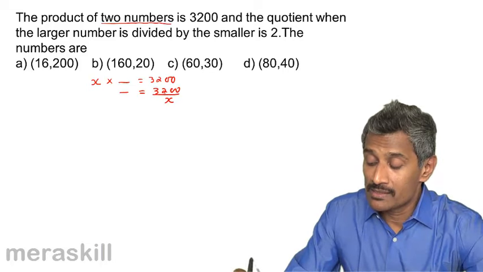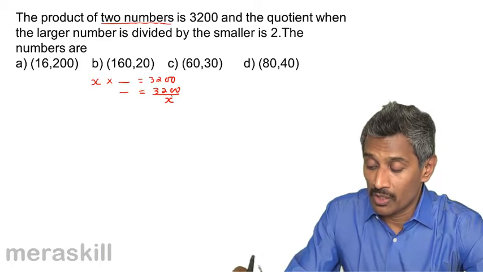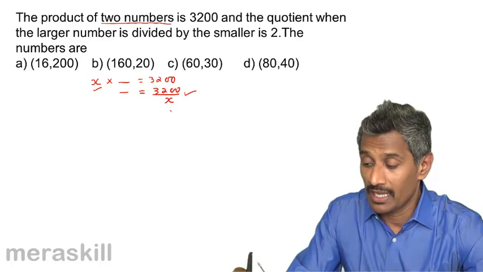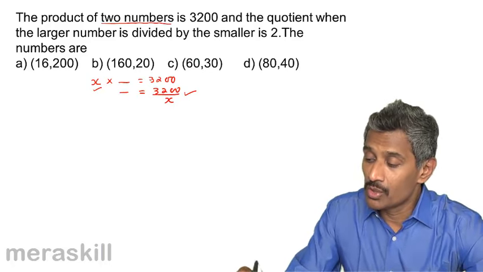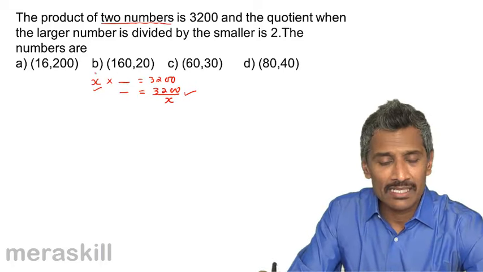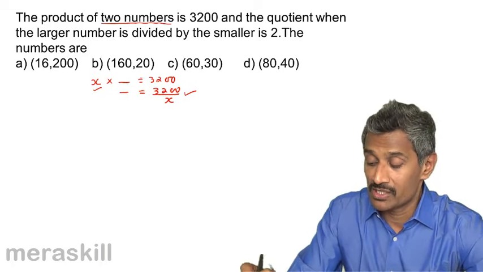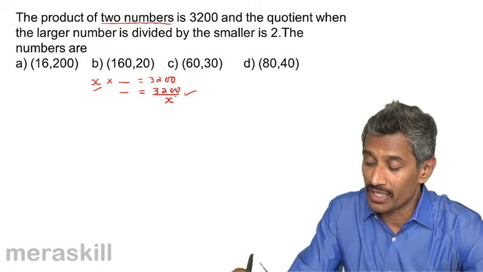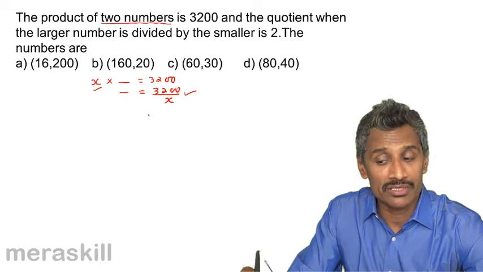So, in other words, 3200 upon one number x gives the other number, 3200 upon x. Now it's told we can take the larger number as x or the smaller number as x, whichever way. So we have x as, suppose, the larger number, and the smaller number is 3200 upon x.